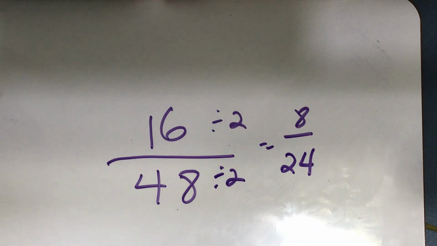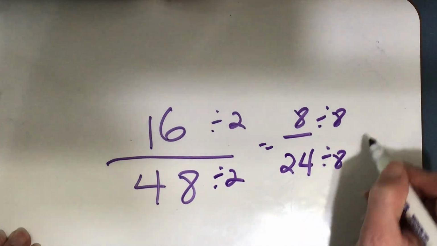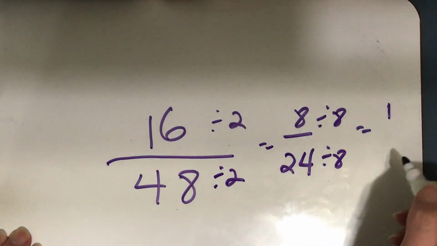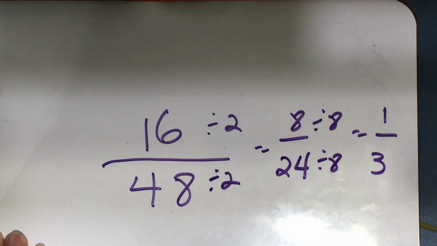Now both of those numbers, 8 and 24, are on my factor sheet. So I look at 8 and 24, and I can see that the common factors are 1, 2, 4, and 8. 8 is the greatest common factor, so I can divide by 8. 8 divided by 8 is 1, and 24 divided by 8 is 3. So 1/3 of the students are in each group.